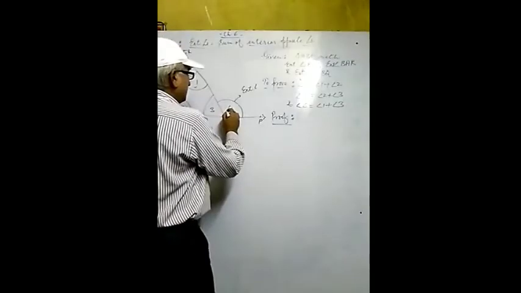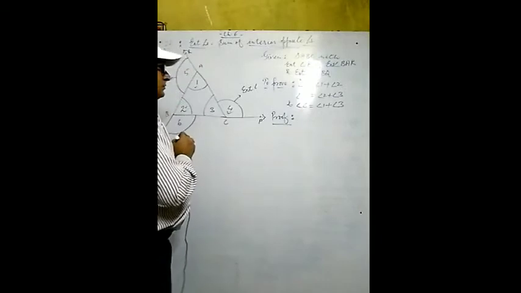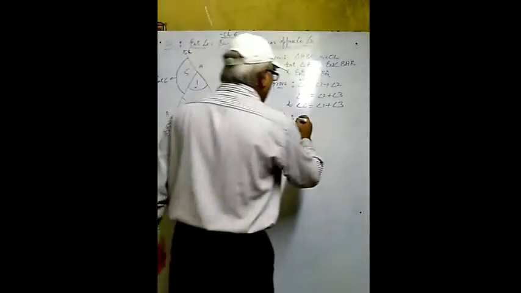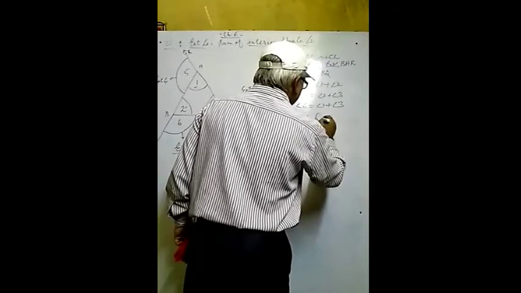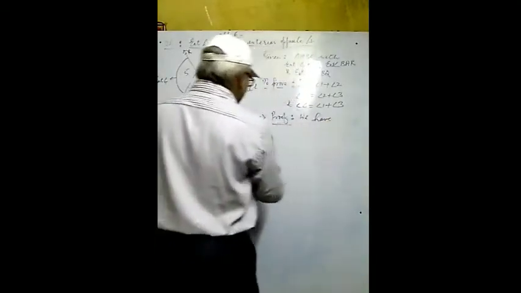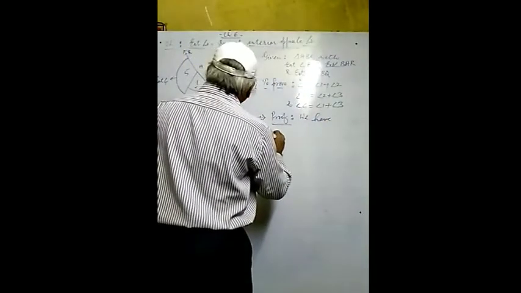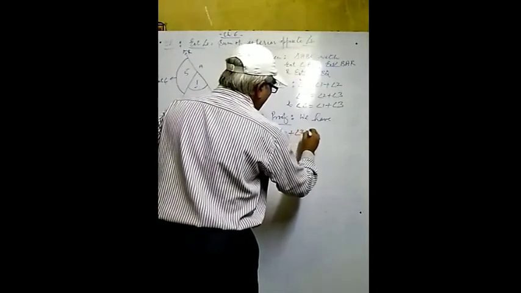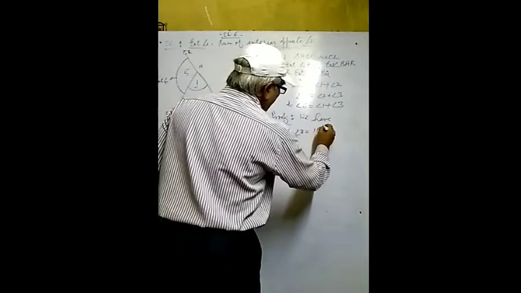Now we have to take this angle. We know, as we proved just before, that the sum of all angles inside a triangle is always 180 degrees. So we have to note down: angle 1 plus angle 2 plus angle 3 equals how many degrees? 180 degrees.